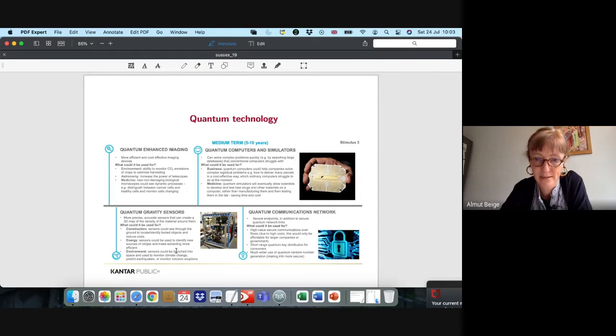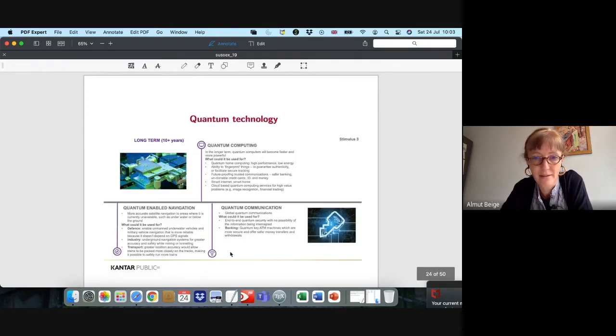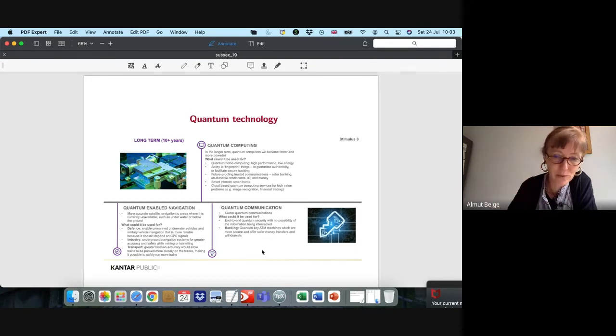Making all these things easier would have a big effect on our lives. And quantum computers were seen as something more in the future, and also communication, having whole quantum networks. But if you look at the news, a lot of these applications are becoming available right now.